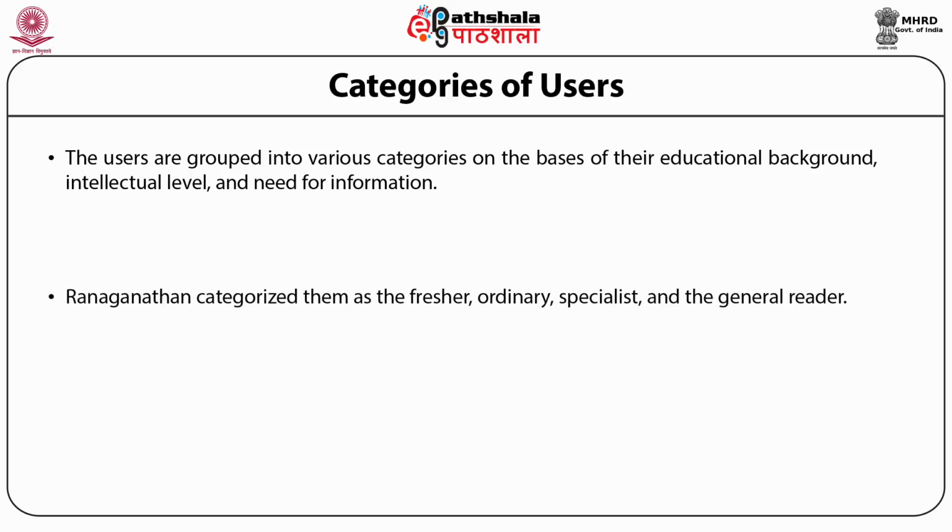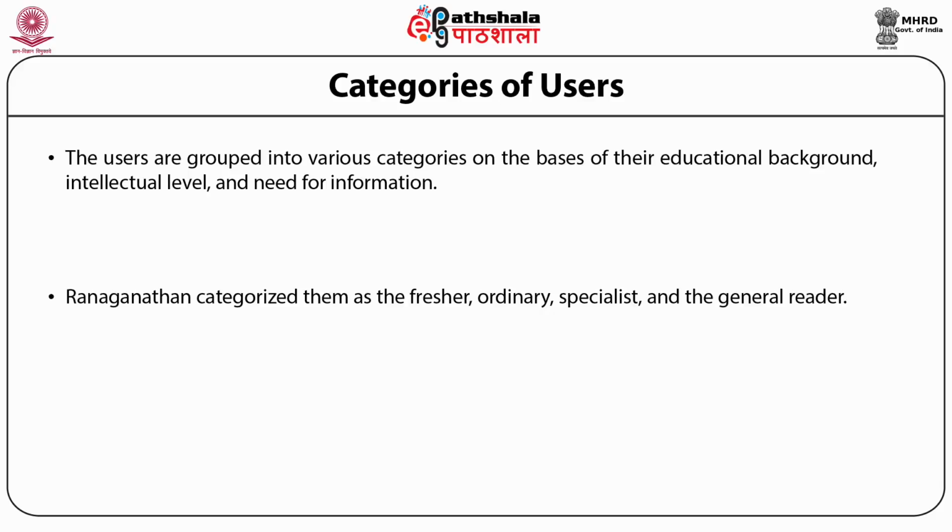Ranganathan categorized users as freshers who join a particular institute, educational institute, or who are visiting the library for the first time. Ordinary users who just walk in the library not seeking a specific document or information.